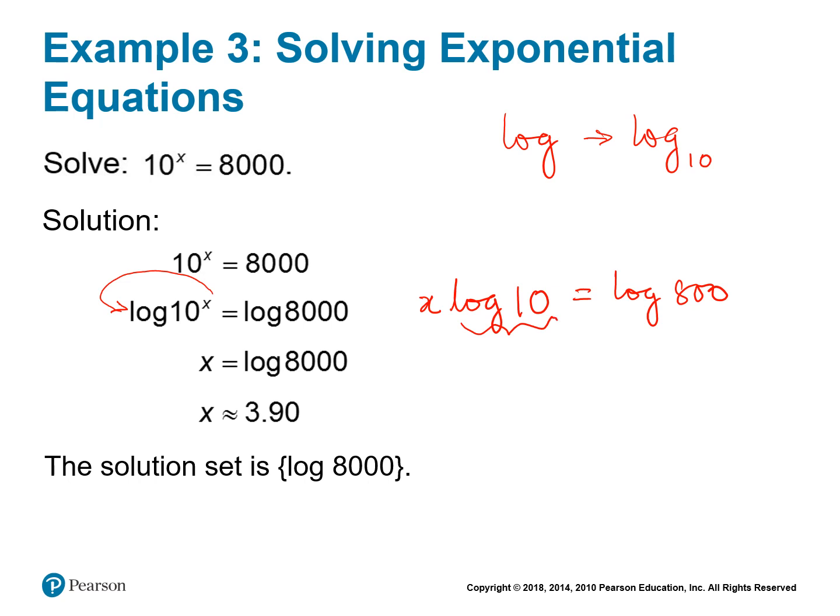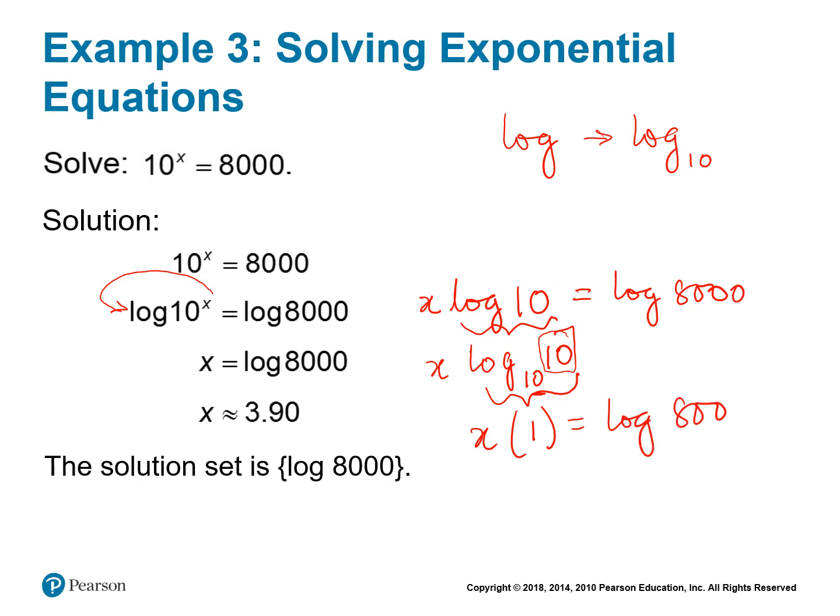Remember, log means here x times log base 10 of 10. So recall by the properties that we learned of common logarithms, when the base of the logarithm is 10 and the value next to it is also a 10, then this log base 10 of 10 resolves to a 1. So it's x times 1 equals log of 8,000, which is x equals log of 8,000.